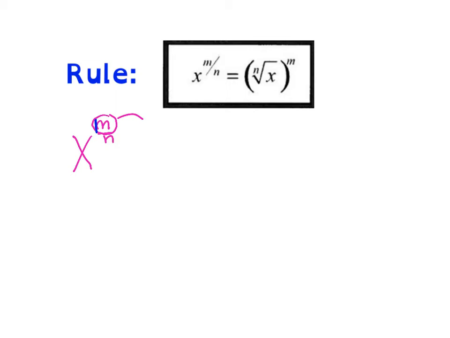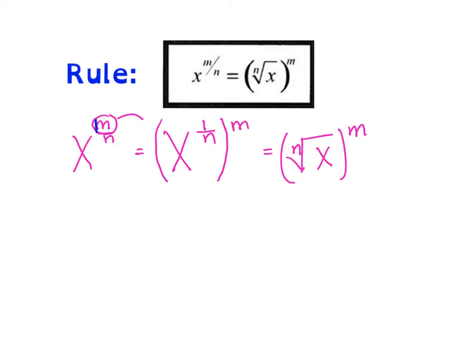So I get x to the 1 over n, and then the m. The only thing is, instead of showing the multiplying that way, we'll show it with parentheses. And then x to the 1 over n, we already practiced, is the nth root of x.